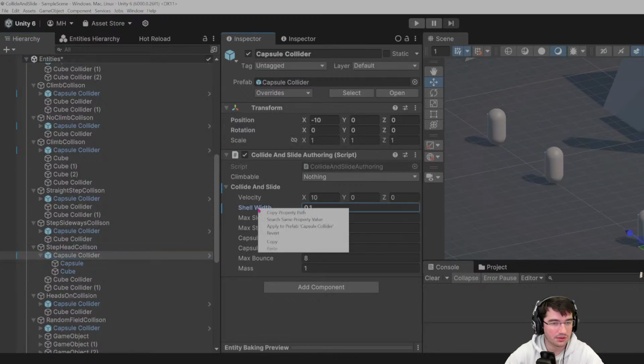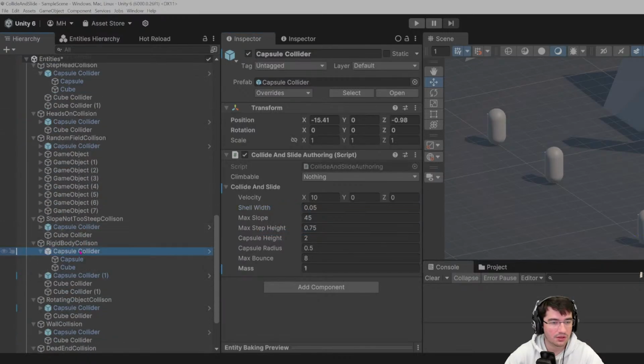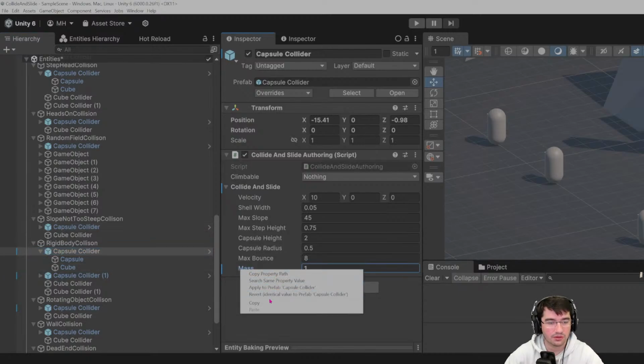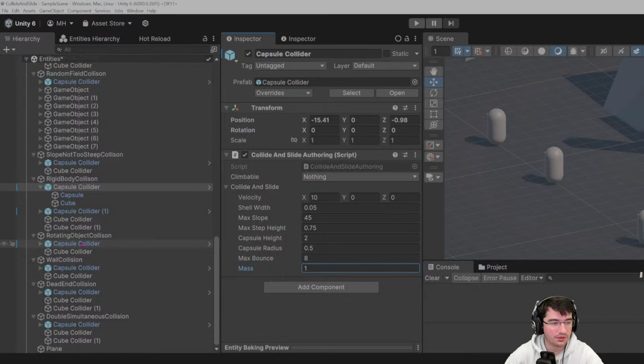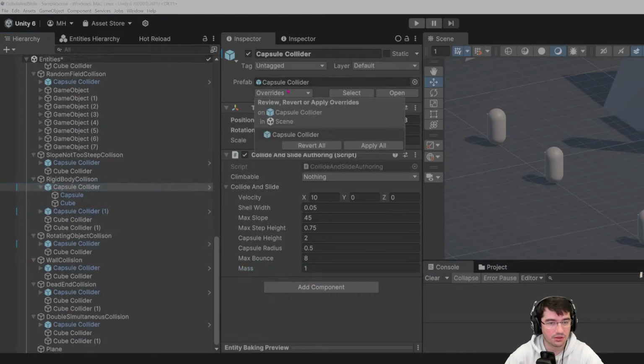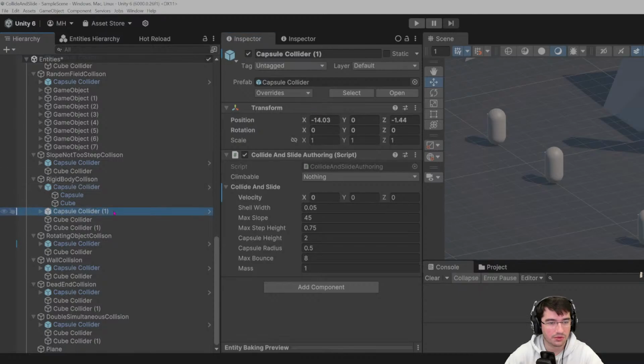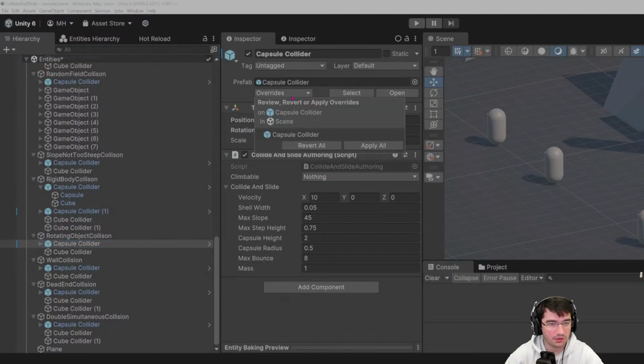And this one is not. This one is not. And there is still an override. Why? Okay, I don't know what was the override. This one is expected. This one is not. What's overridden?